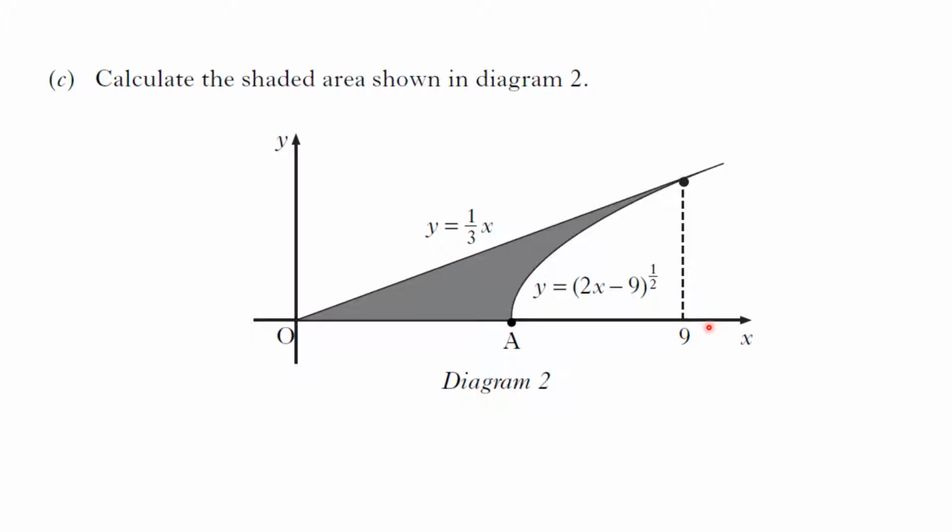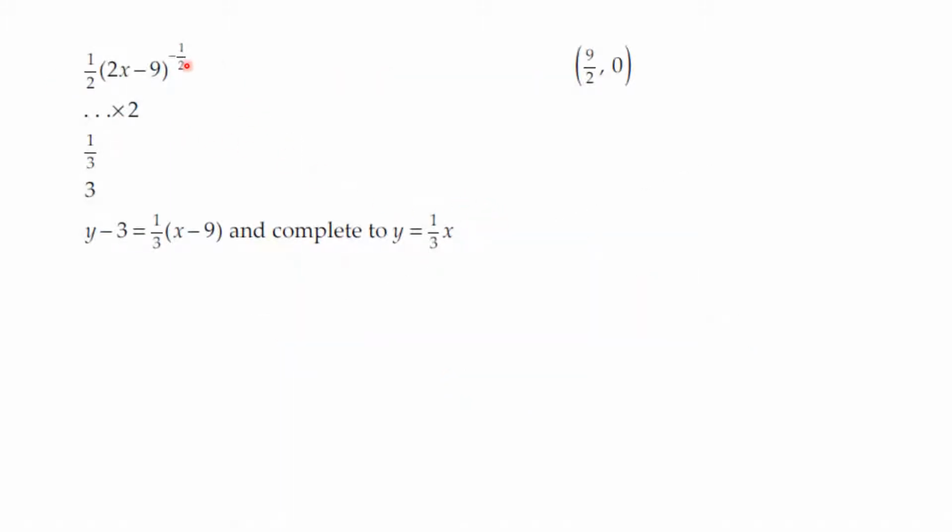And when x is 9, you can find the value of y by substituting 9 into this function to get the coordinate y. So once you have the coordinates x and y and the gradient 1/3, you will manage to prove that y = (1/3)x. Okay, this is shown here.